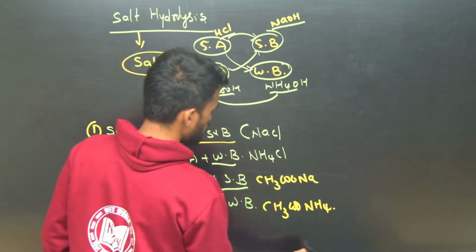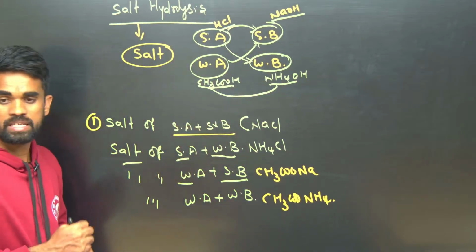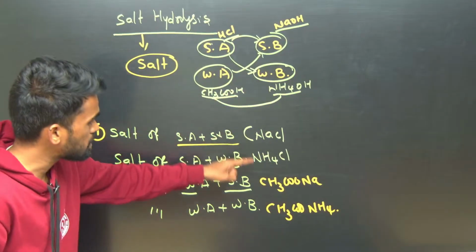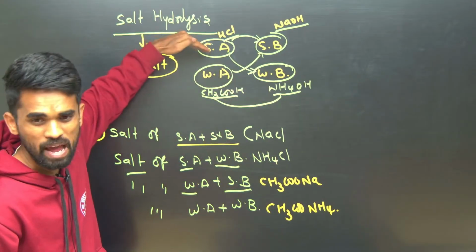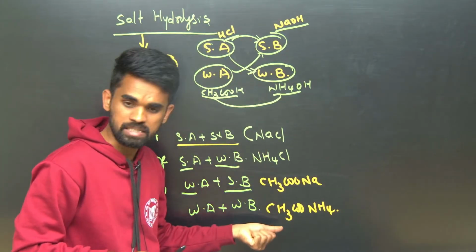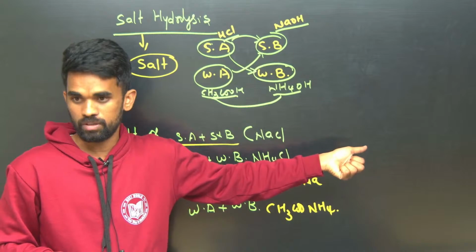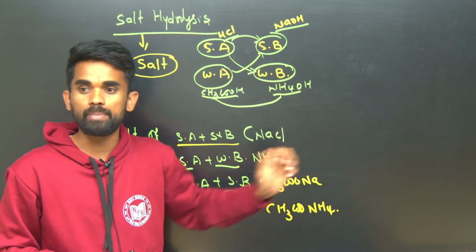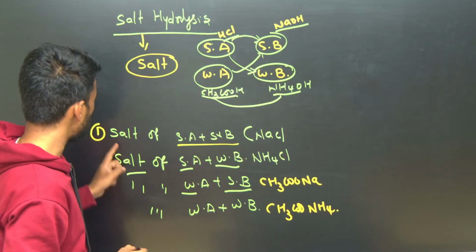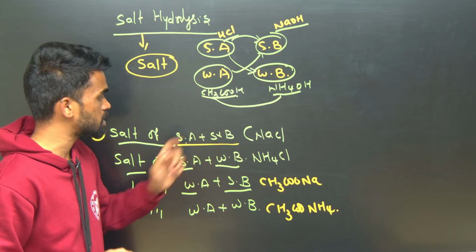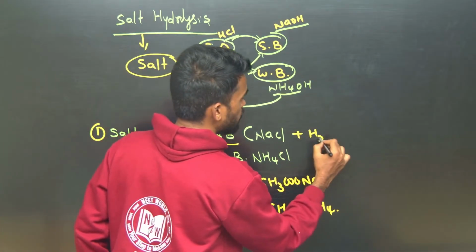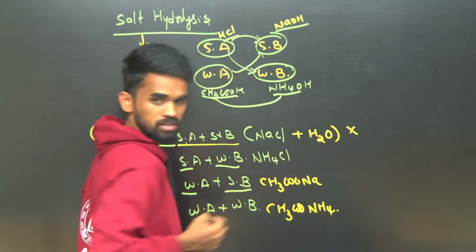Okay, so now hydrolysis of these compounds gives what type of solution? See, these salts are formed from combinations of acids and bases only. Now if I hydrolyze these salts, what will be the respective solution, whether it is acidic or basic? That is the question here. The first combination is salt of strong acid plus strong base. This salt, first of all, won't undergo hydrolysis.